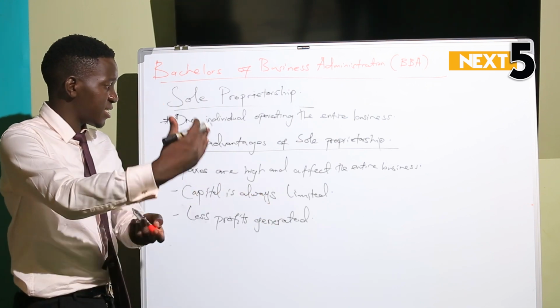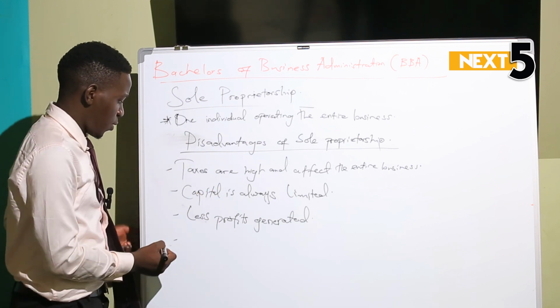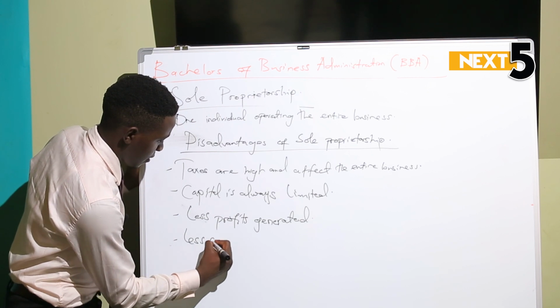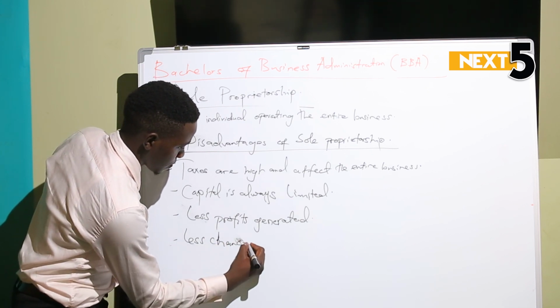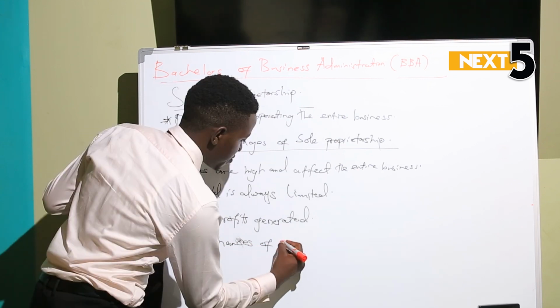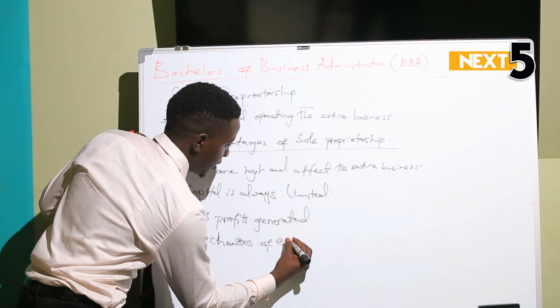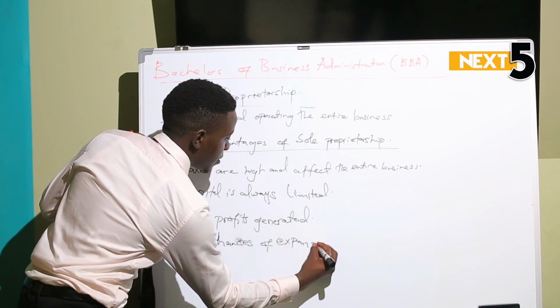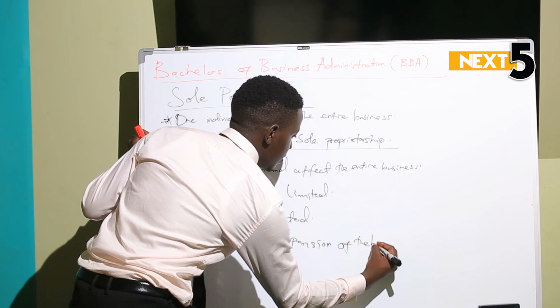So you see that the disadvantages are always overlapping one over the other. So there are also less chances of expansion of the business.